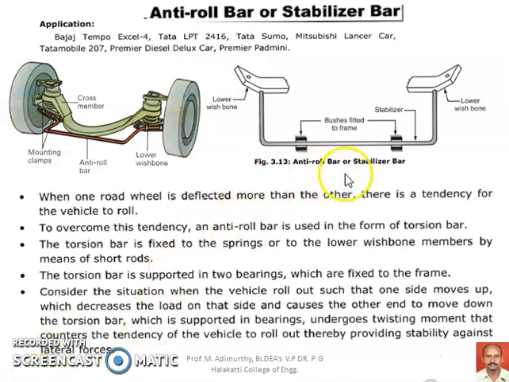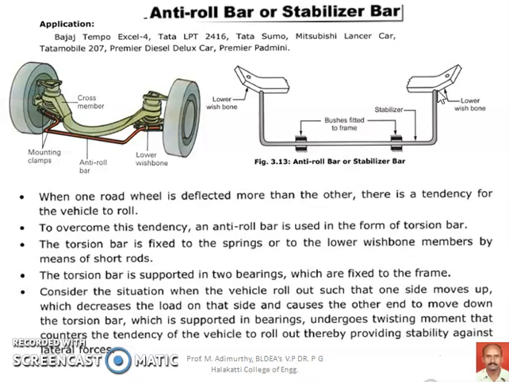Here in this diagram we can see the arrangement of the anti-roll bar or the stabilizer bar. Basically, it is a simple bar-like or tubular structure which is connected to the lower wishbone arms of the left and right sides of the wishbone suspension system. Here you can see one end is connected to the lower wishbone arm of the left wheel, and the other end is connected to the lower wishbone of the right wheel.